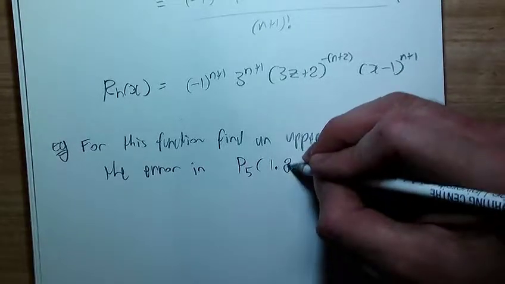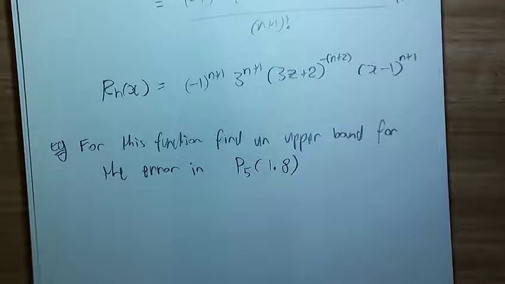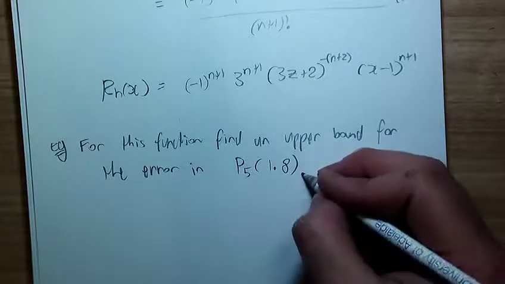Doesn't really matter. For this function, find an upper bound for the error in P5 of 1.8. That's a classic question.